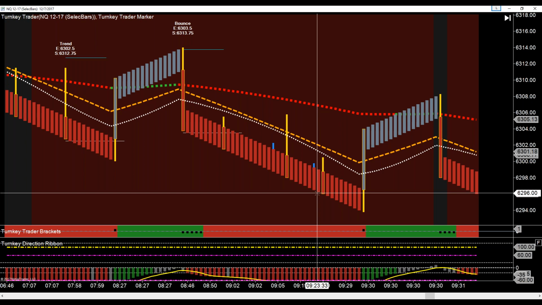And then what I like to do actually is once you get to the point where you have 4 contracts, I'll take 2 off at the profit target. One will be my 20 tick target, and the last one will be the runner. And that's really, to me, the most lucrative strategy with 4 contracts.